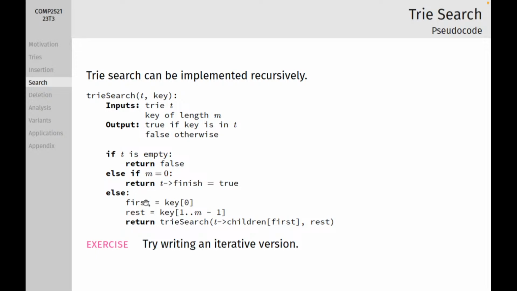Otherwise, we grab the first character from the key, and then we also create a string that is just the key except with the first character removed, and then we recurse on the child corresponding to the first character. And we pass it the rest of the key.